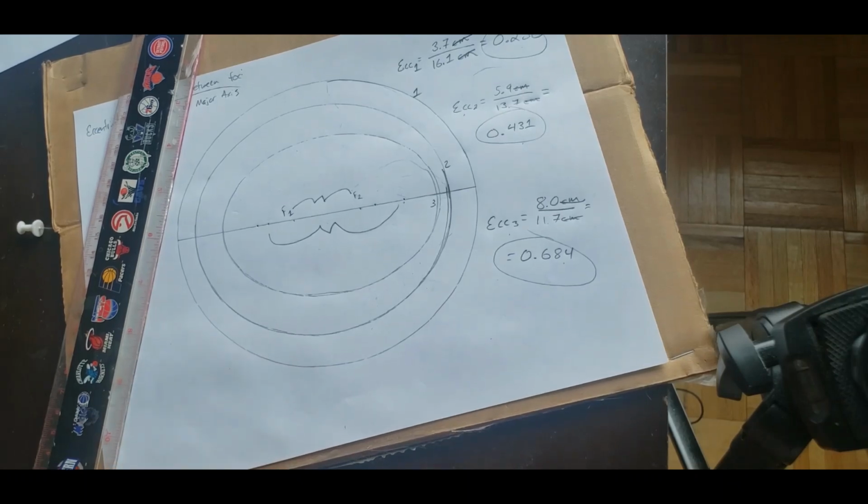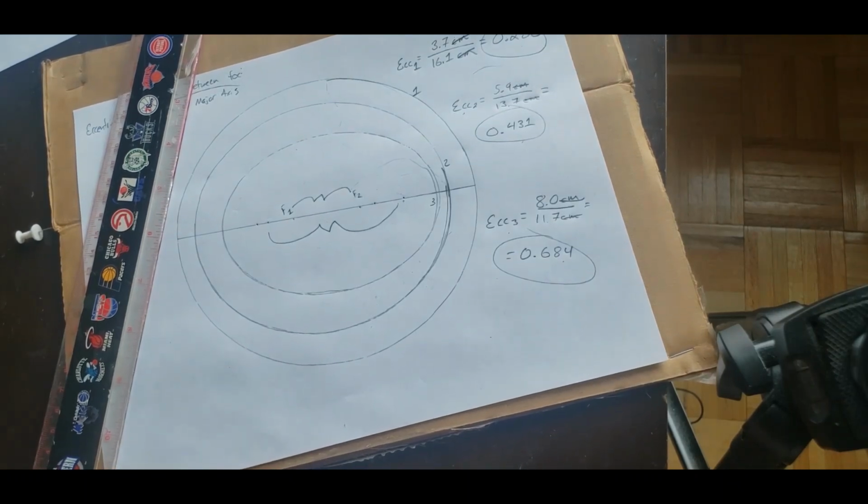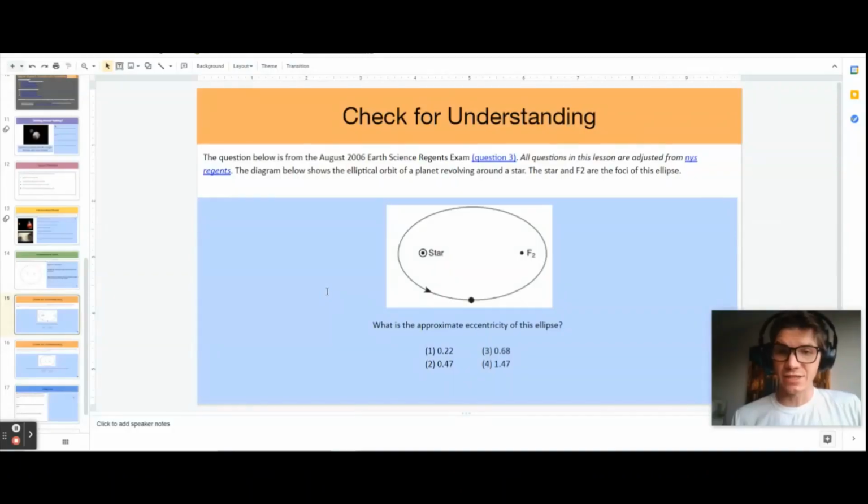All right, let's take a look at some more examples for calculating eccentricity. These next two examples are going to come from today's lesson's slide deck. And the question is asking, what is the approximate eccentricity of the ellipse? First off, I don't have paper and a ruler to do this calculation, but I can do a Google image search and find a ruler.